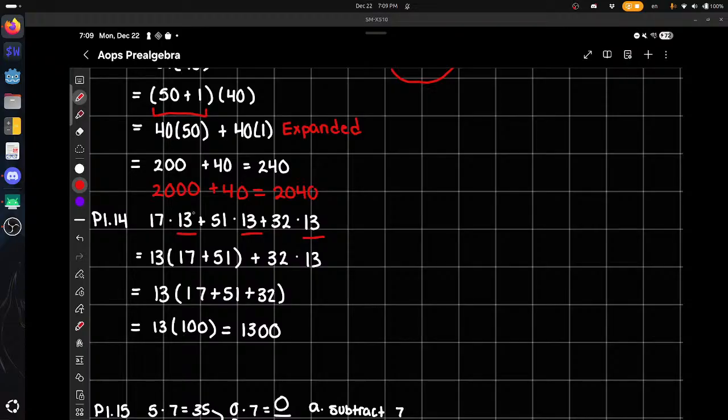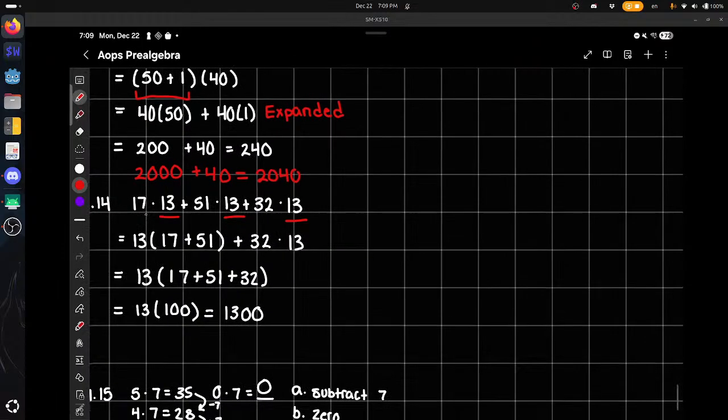They're first taking a common factor of 13. Instead, I said, okay, well, let's do this part first. Because I don't know how we can just combine all three of the common factors into one. Like, that doesn't make sense to me, or how it's working underneath the hood.